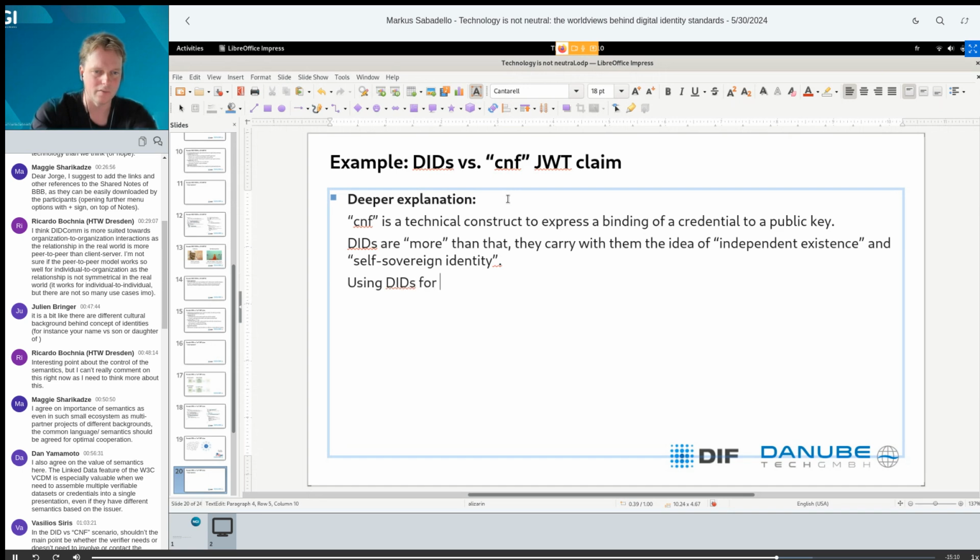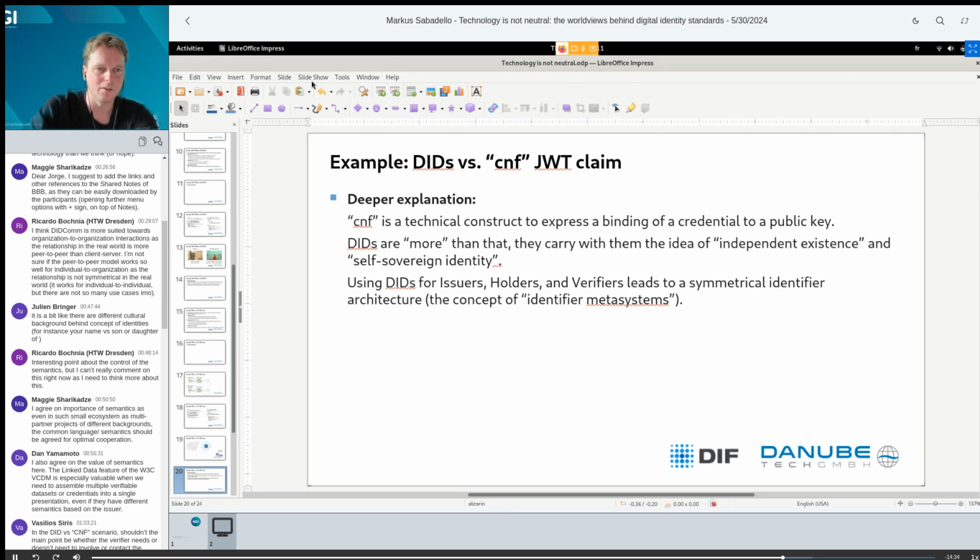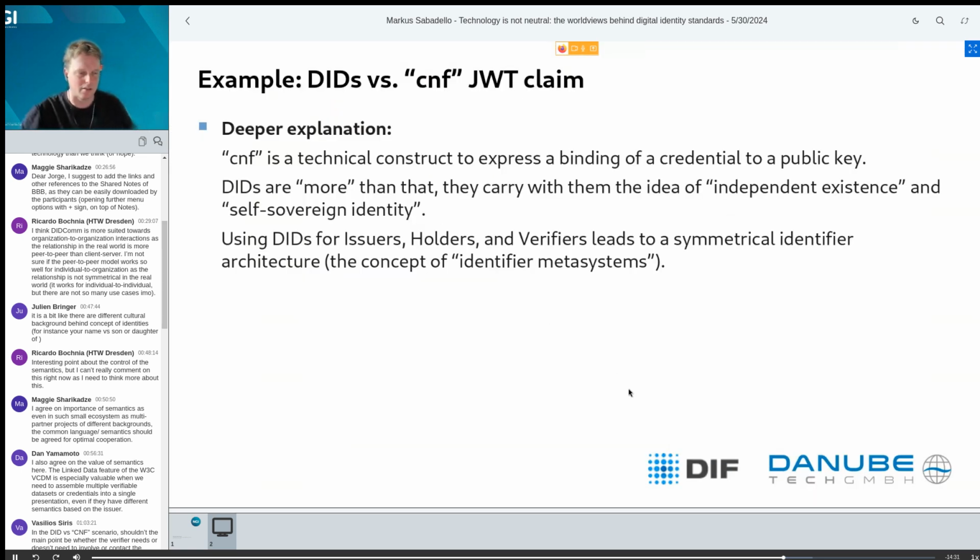Using DITs for issuers, holders, and verifiers leads to a symmetrical identifier architecture. There's also the concept of an identifier meta system. There are blog posts about that, how an identifier meta system is a very useful basis for decentralized identity and digital wallets.